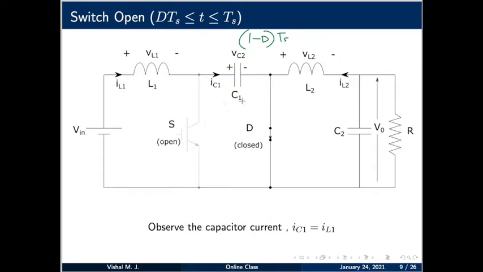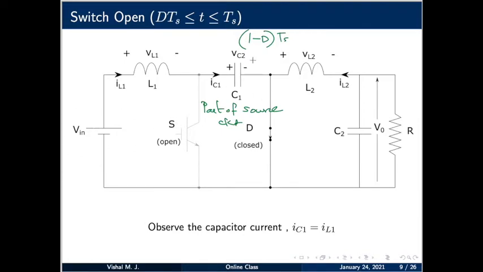Now, see, the capacitor which was earlier part of the load is now part of the source circuit. The capacitor is connected with the source. Earlier it was part of the load, now it is part of the source.